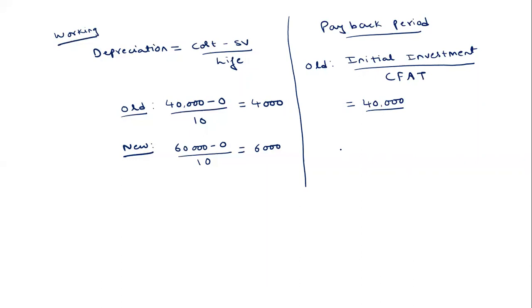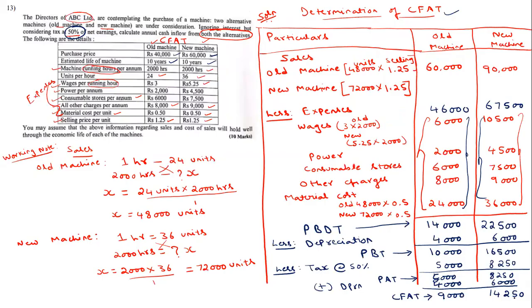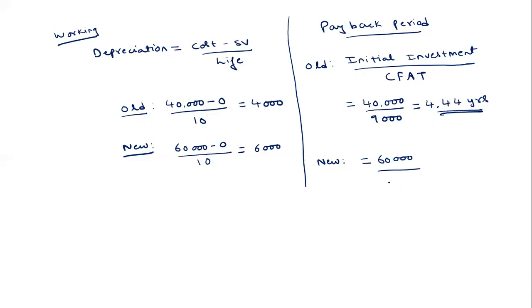Then I'll write 40,000 by 9,000, and if you calculate here, you will get 4.44 years. In the same way, for the new machine, we know that the initial investment is 60,000, divided by the cash flow after tax of 14,250. And then you will get 4.21 years.